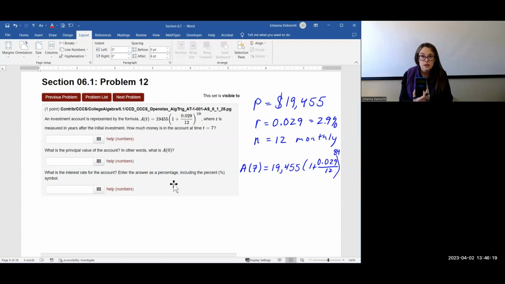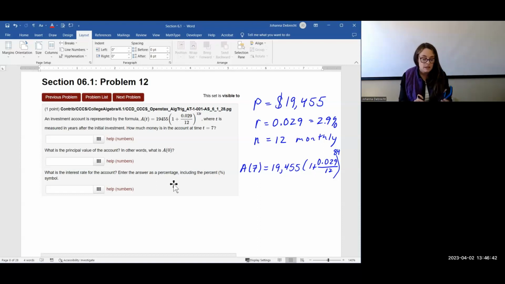So the first thing I'm going to do is 0.029 divided by 12. That equals, you got a number. You should have 29 divided by 12,000. Now add 1, plus 1, equals. Okay, this becomes your base.